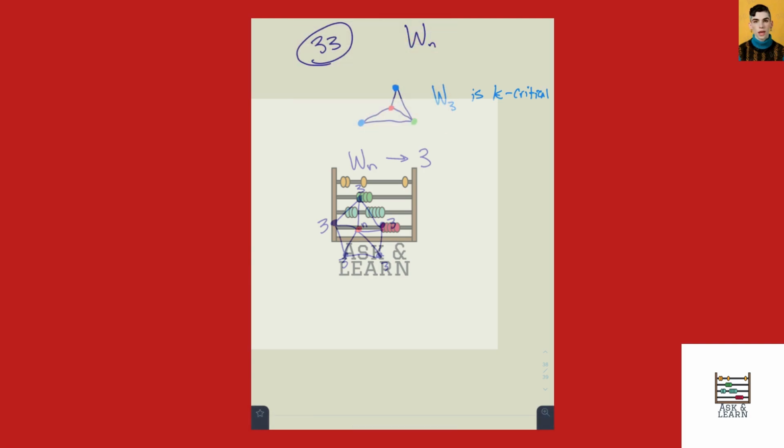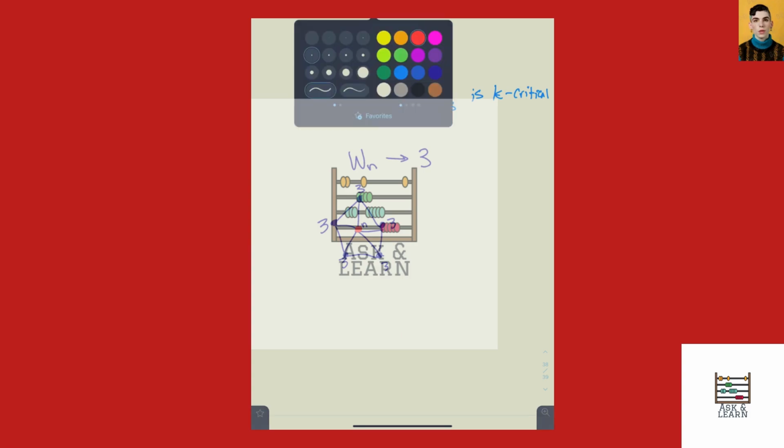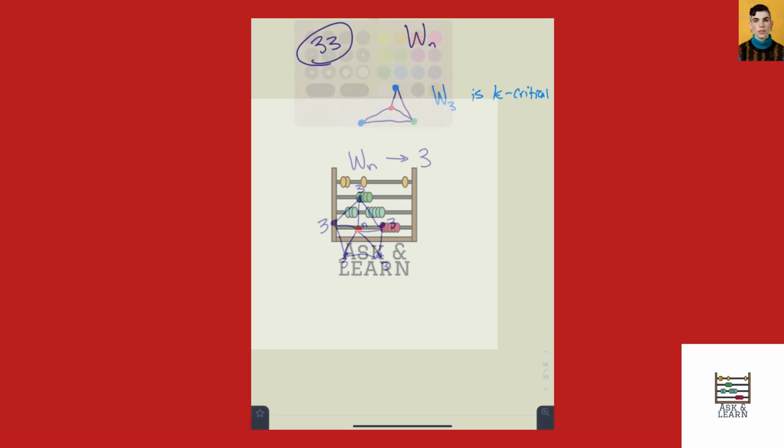So n's always going to be, say, red, color 1. And then all that we have to do is alternate the outside colors. So we would end up having 4 colors, right?